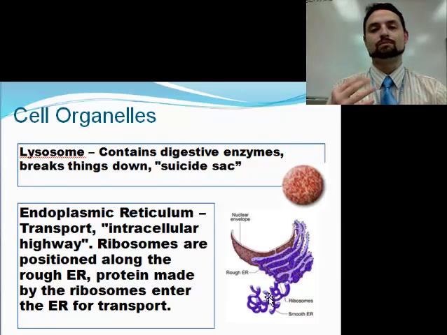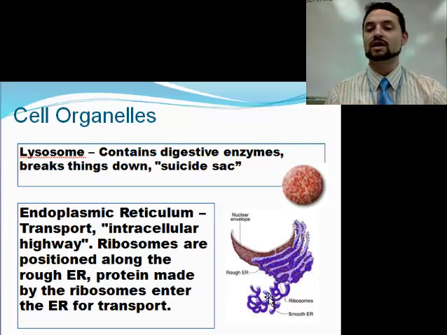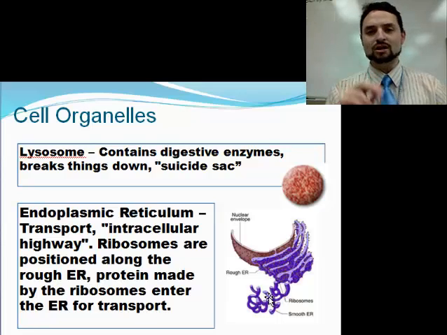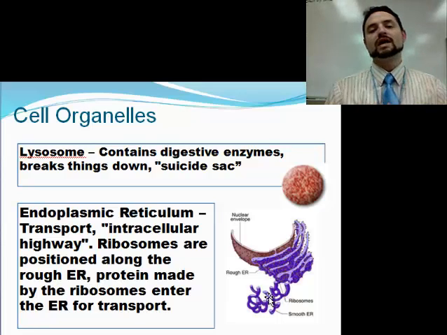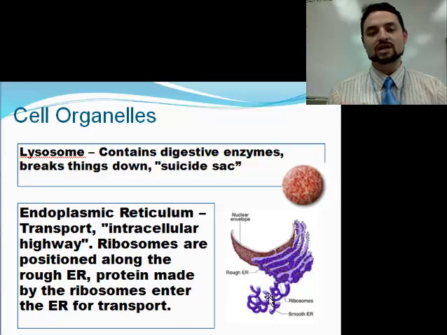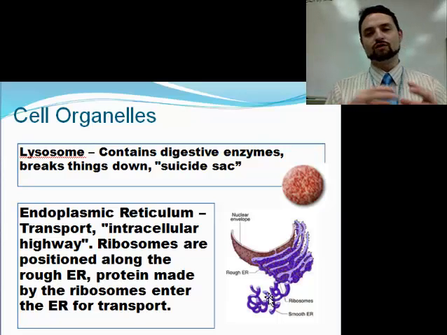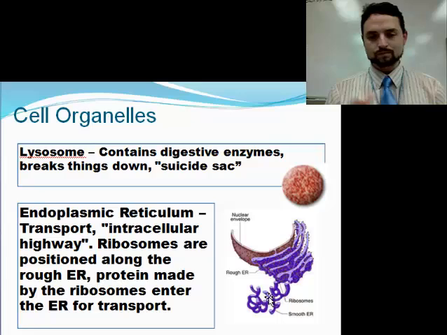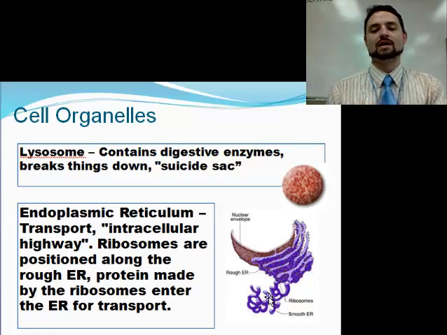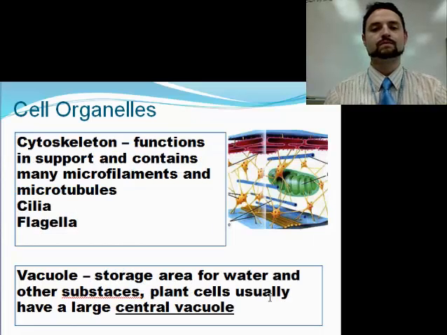Other times it's used to break down, detoxify substances, store certain ions that the cell needs for later, various things. But the endoplasmic reticulum as a whole is involved in transport, an intracellular highway that helps move things throughout the cell. Ribosomes are positioned along the rough ER. Proteins are made by the ribosomes, enter the ER for transport to various places.